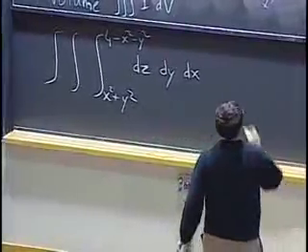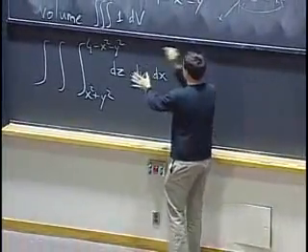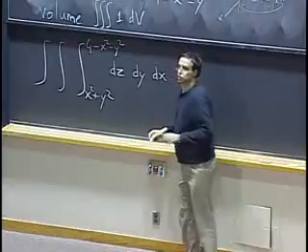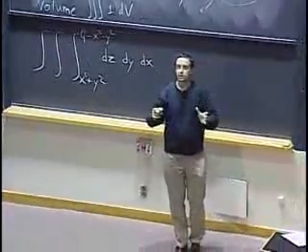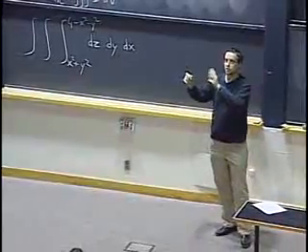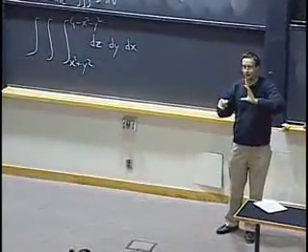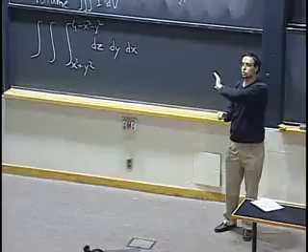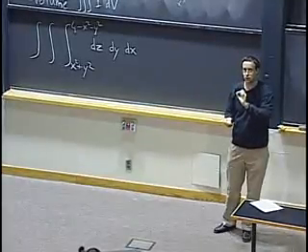Why did I start with z? That's a very good question. I could choose whatever order I want, but let's say I did x first. Then to find the inner integral bounds, you've fixed the two other variables, and you're just going to vary that one, and you need to find bounds for it.